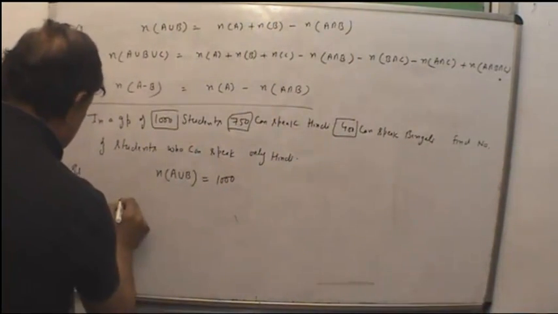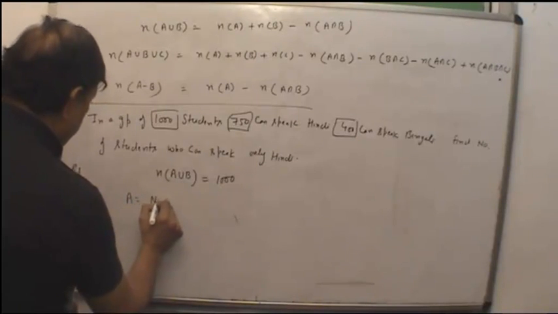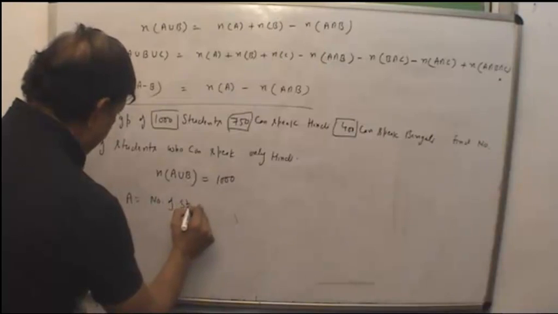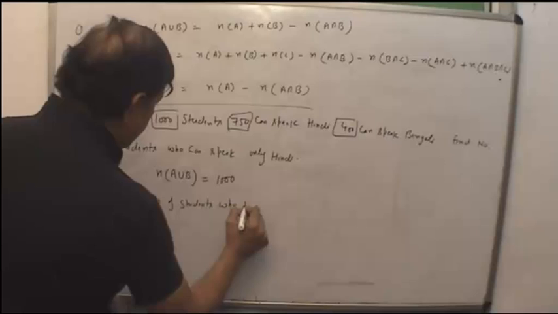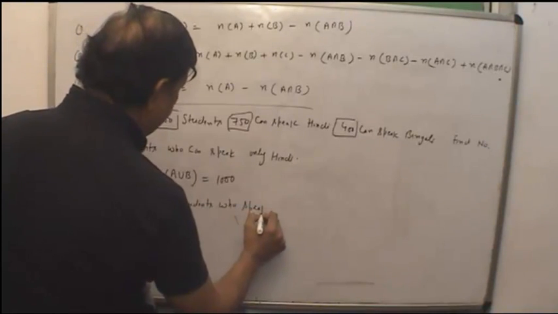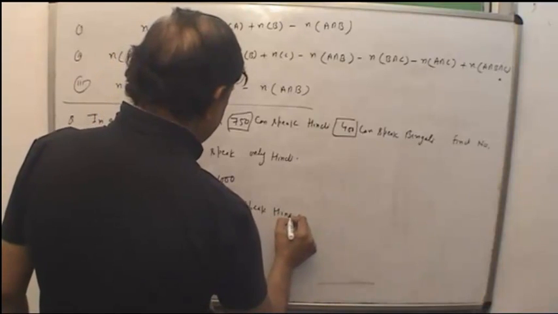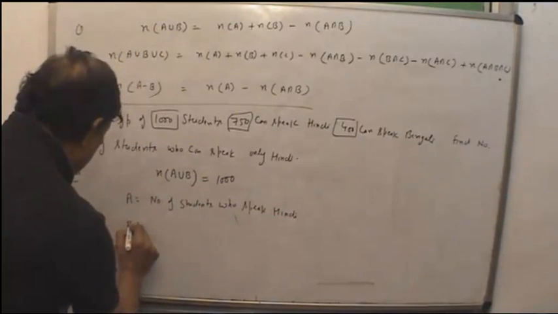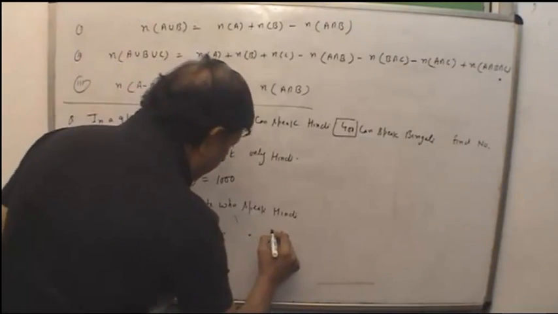Let us consider A is equal to the number of students who speak Hindi, and B is equal to the number of students who speak Bengali.